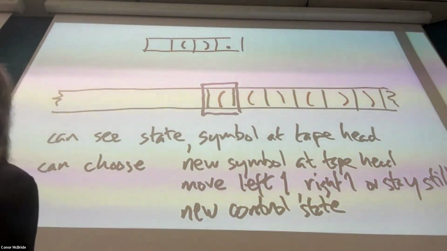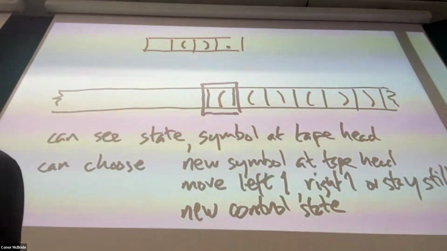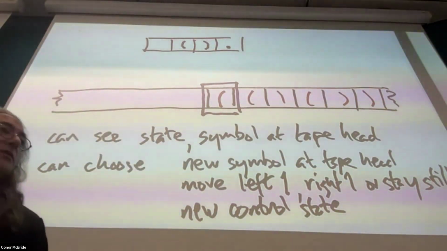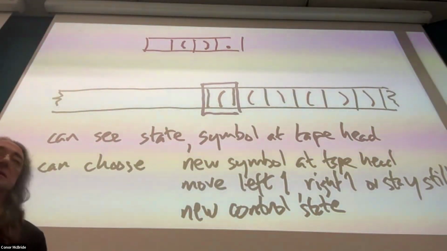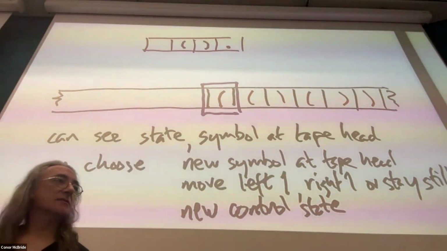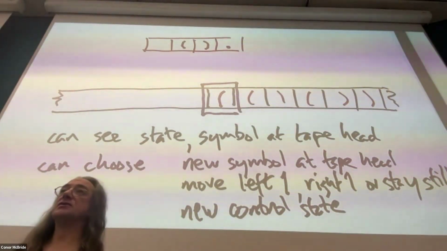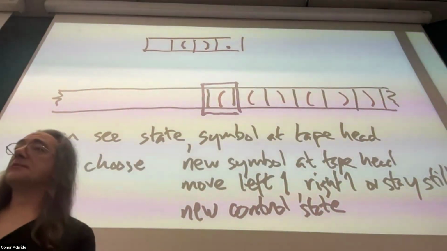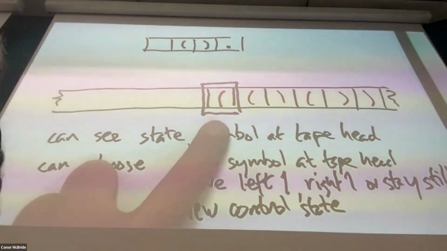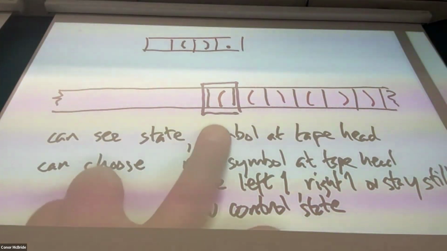Okay. So how long have we got? Maybe 10 minutes or so. Do we think we can define a Turing machine that will recognize balanced brackets? I'm going to add one more convention. I've already specified that we start with the tape head at the leftmost symbol in the input, right?